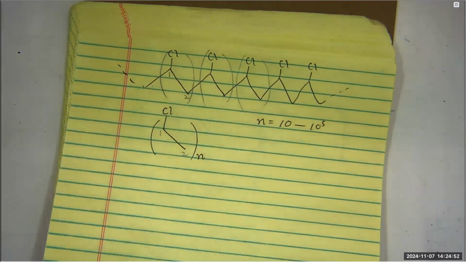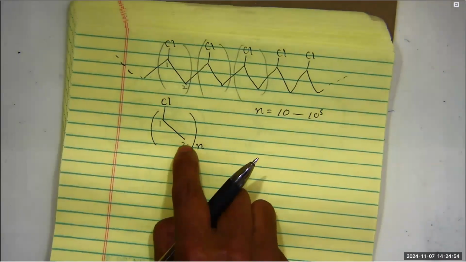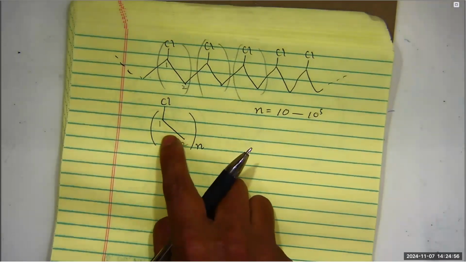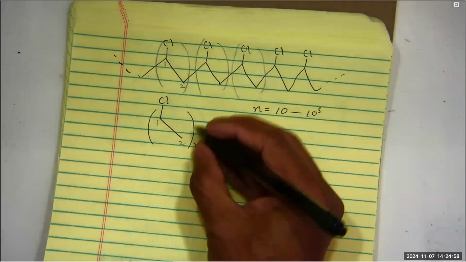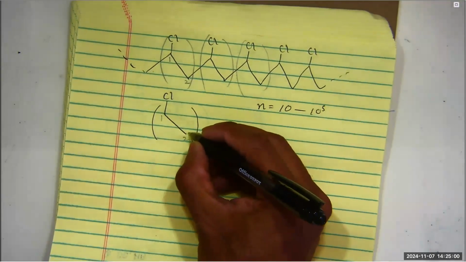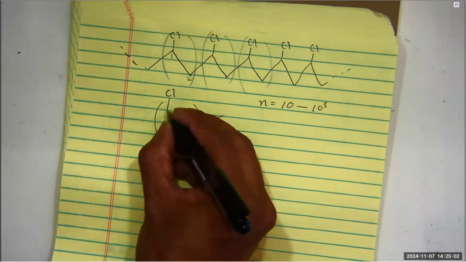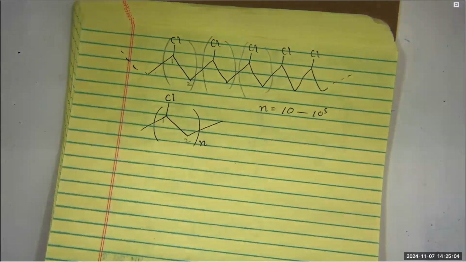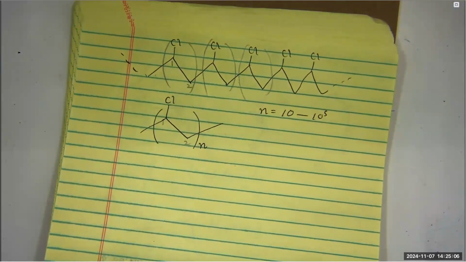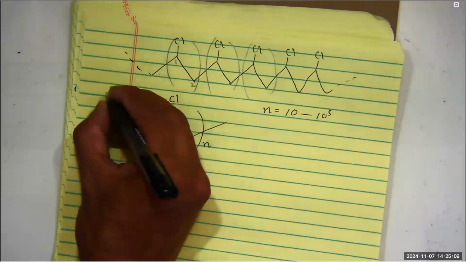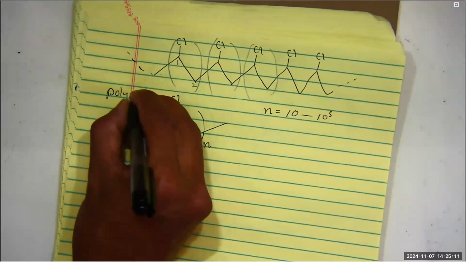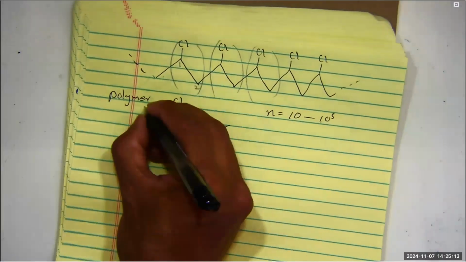So it is repeated. And also, to show that this repeat unit is connected to other repeat units adjacent, I'm going to draw two bonds coming through the parentheses as well, like that. That's it. This is the shorthand notation for the polymer. This is my polymer shorthand notation.